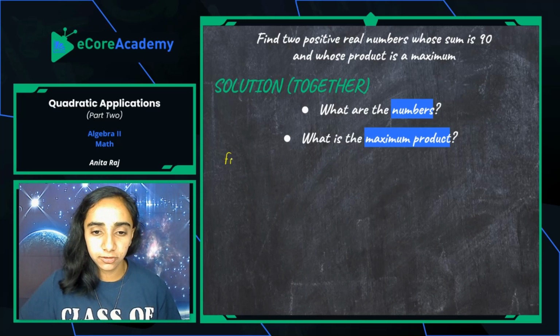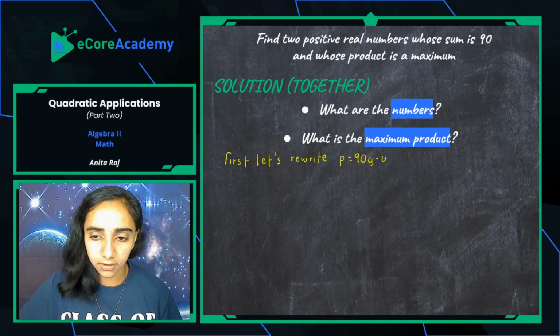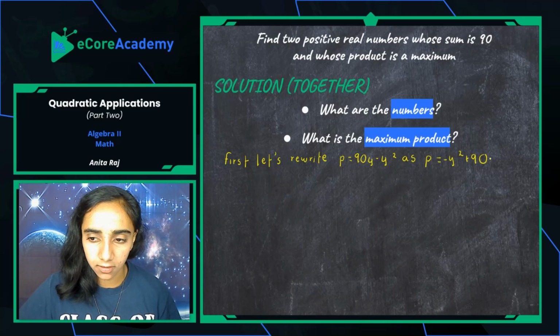So first, let's rewrite p equals 90y minus y squared as p equals negative y squared plus 90y.